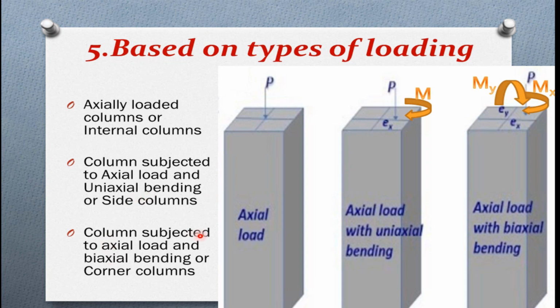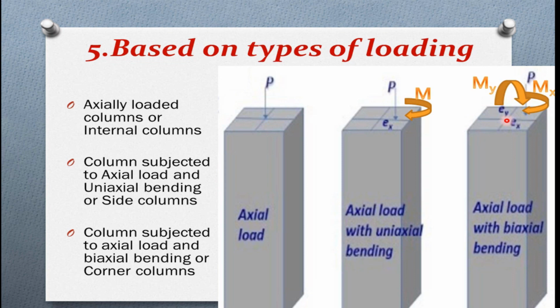And the third one is the column subjected to axial load and biaxial bending, or corner column. Here you can see the load is acting vertically only, but it is away from both the axes as well as the center, so it is called biaxial bending. The moment will be developed in both directions, x as well as y.